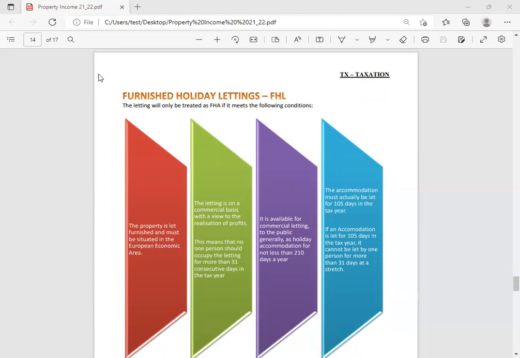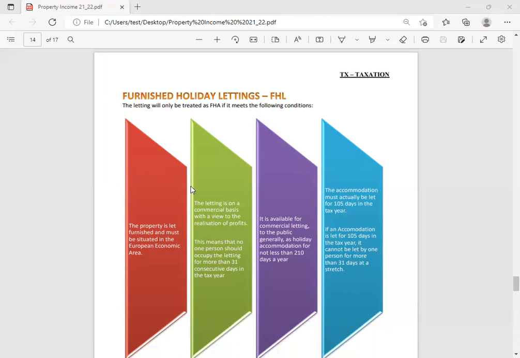If you are acquiring a property at a holiday, it will be called furnished holiday letting. But in tax, if you want to claim a property as an FHL, meaning furnished holiday letting, it must satisfy all of these conditions, not only one, all of them.